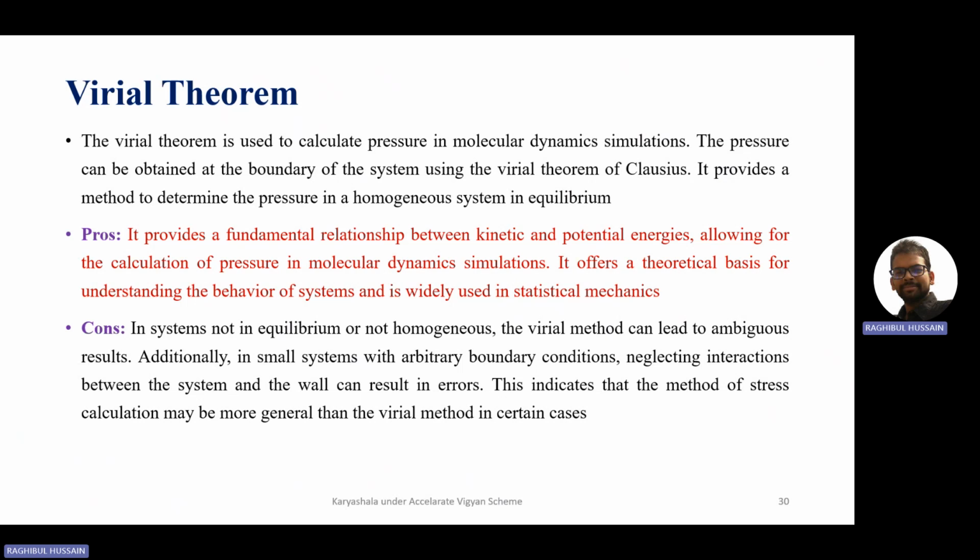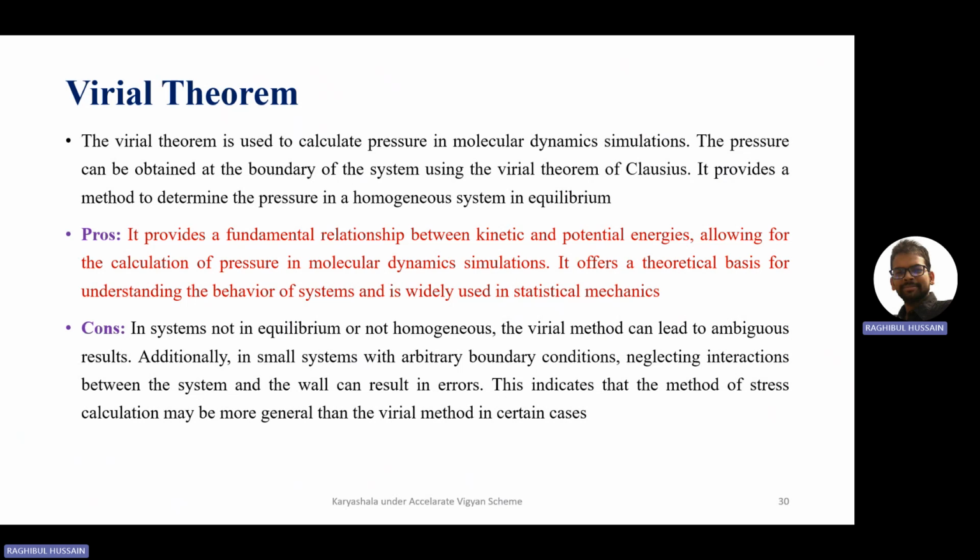The advantage is it provides the fundamental relationship between the kinetic and potential energies, allowing the calculation of pressure in an MD simulation. It offers a theoretical basis for understanding the behavior of the system and is widely used in statistical mechanics. Now, the disadvantages are that in systems not in equilibrium or not homogeneous, the Virial method can lead to ambiguous results.